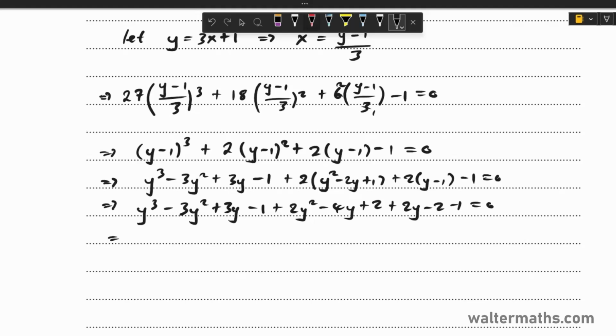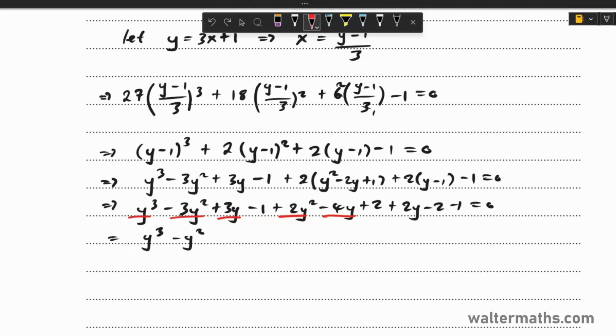All right. So we have y cubed here. So we are done with y cubed. Then minus 3y squared plus 2y squared gives us minus y squared. Then we have 3y minus 4y, which is minus y, and minus y plus 2y is y.